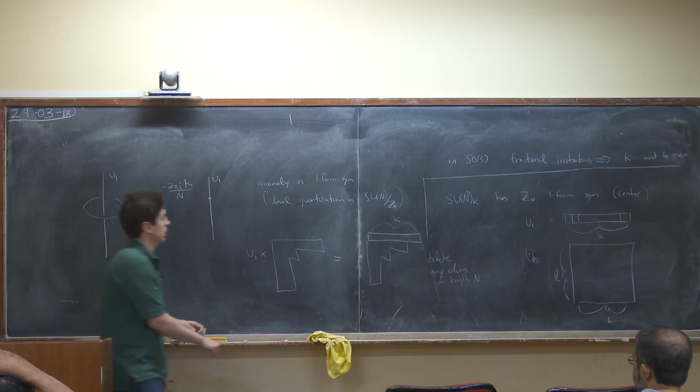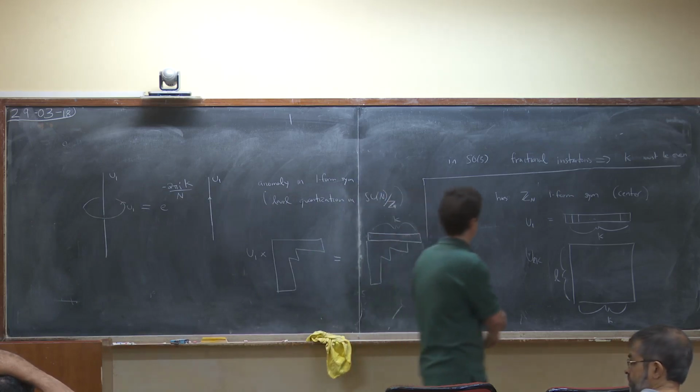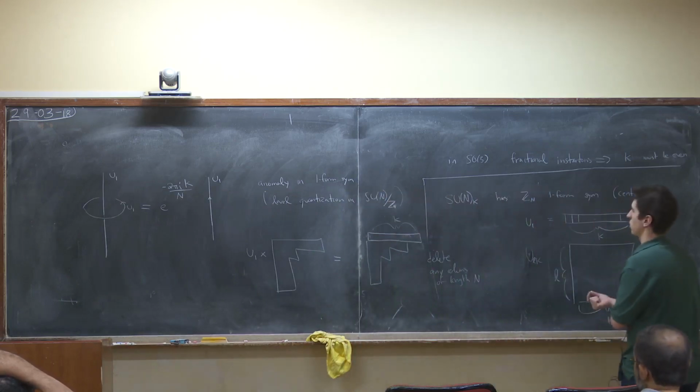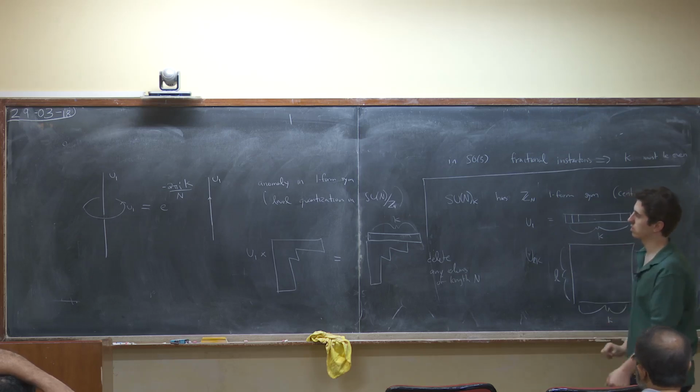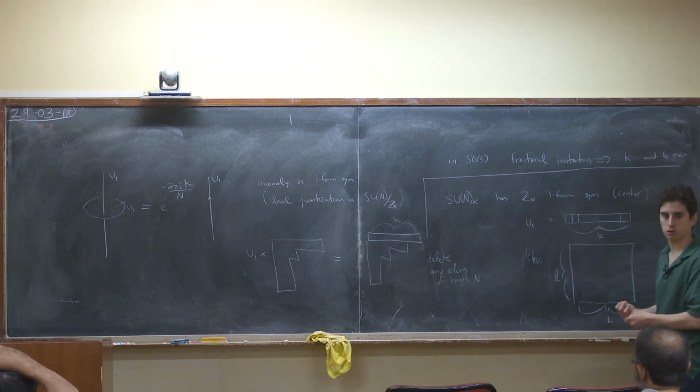Sometimes, although I didn't come prepared with any examples, the one-form symmetry is not associated to the center. It can be more interesting, but whenever you've got a center about, that's a good candidate for a one-form symmetry.